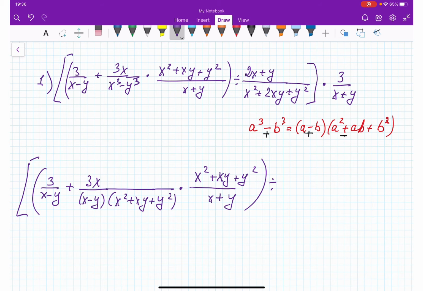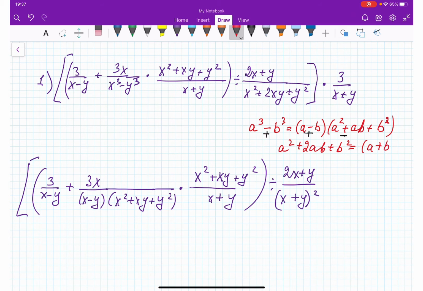Dividing by 2x plus y over x squared plus 2xy plus y squared, which is going to be x plus y squared. A squared plus 2ab plus b squared is a perfect square, a plus b squared. Accordingly, when we have minus, we are going to get a minus b squared. Okay, and closing square bracket, multiply by 3 over x plus y.